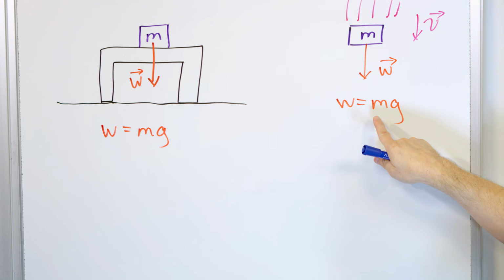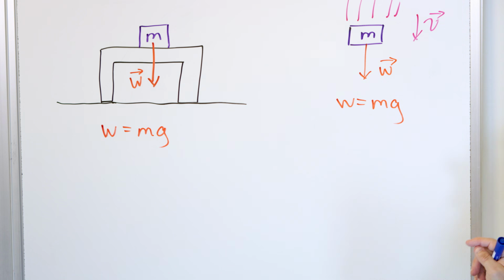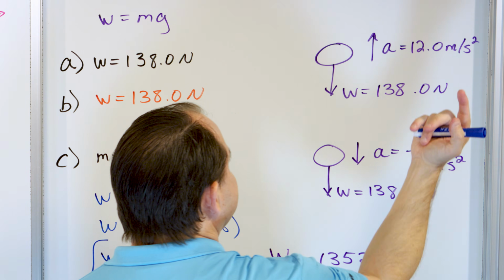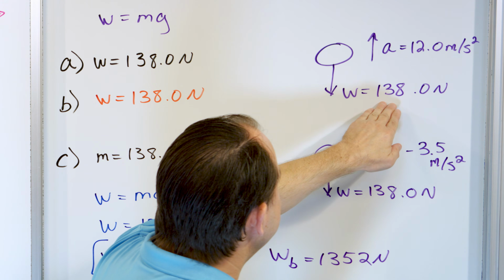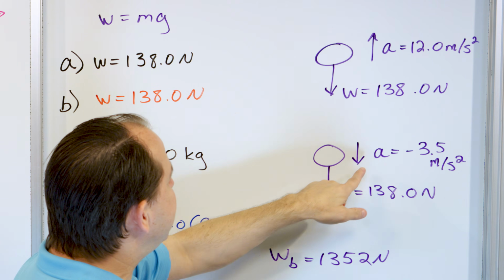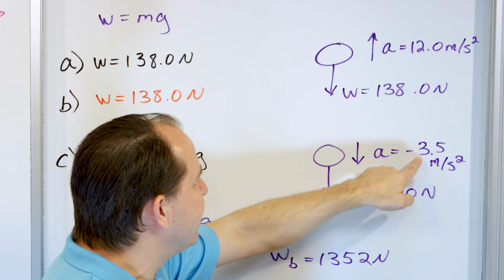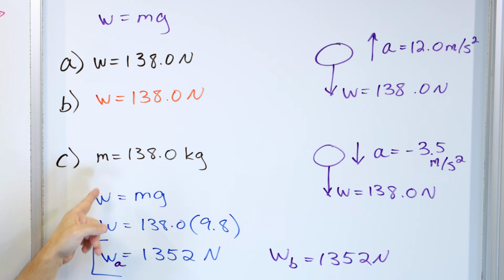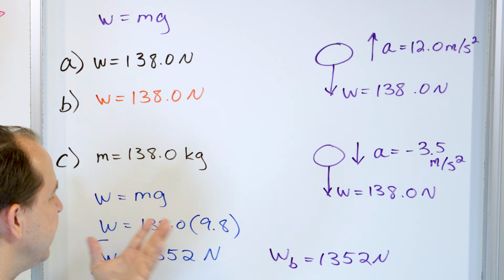If the object is falling, it has a weight, which is the same number, mass times gravity, even if it's in motion. If the object is accelerating upward somehow, then it has the same weight that it has when it's at rest. If the object is falling down at a rate different than gravitational falling, then it has the same weight. That number doesn't change. If I change it so the object has some mass, I can calculate its weight, but that weight is the same if it's moving up or moving down.